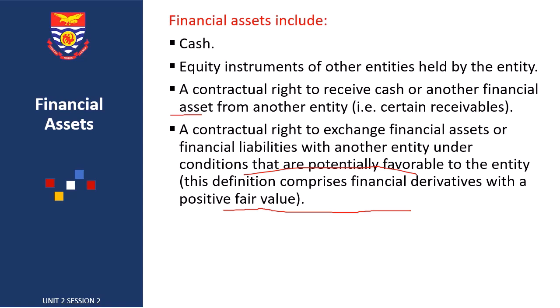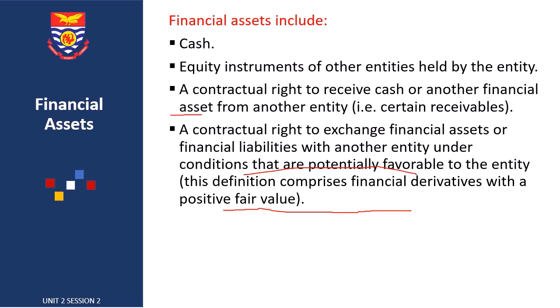And based on that, you go in for it. So it's a contractual right to exchange financial assets or financial liabilities with another entity under conditions that are potentially favorable to the entity.